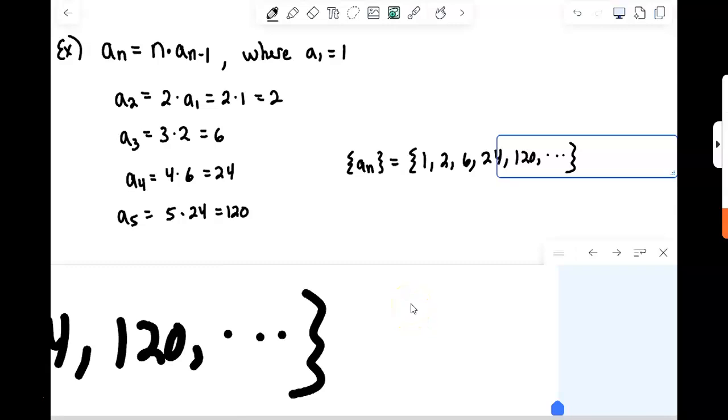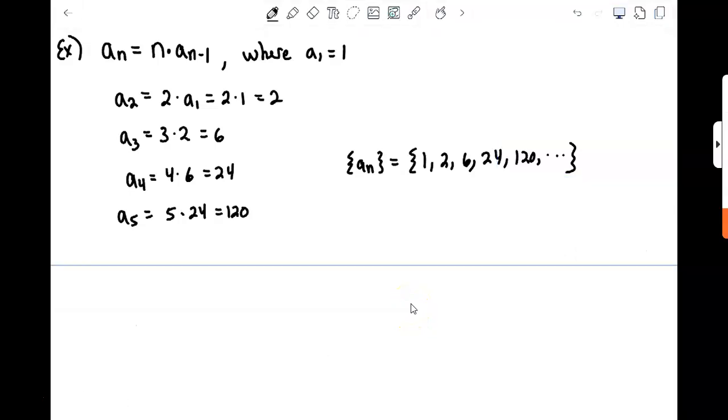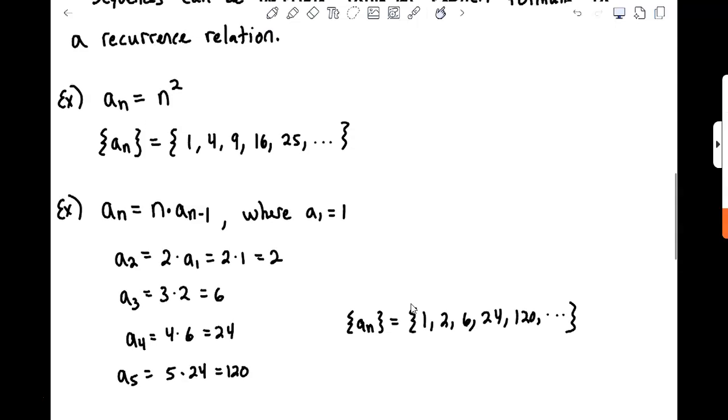So we can develop sequences either from a formula, where it's just like a function in a sense, or from a recurrence relation, where we have a starting point and then a formula for the successive terms after that. That's where the next term is expressed in terms of either just the previous term, or it could be a combination of some of your previous terms.